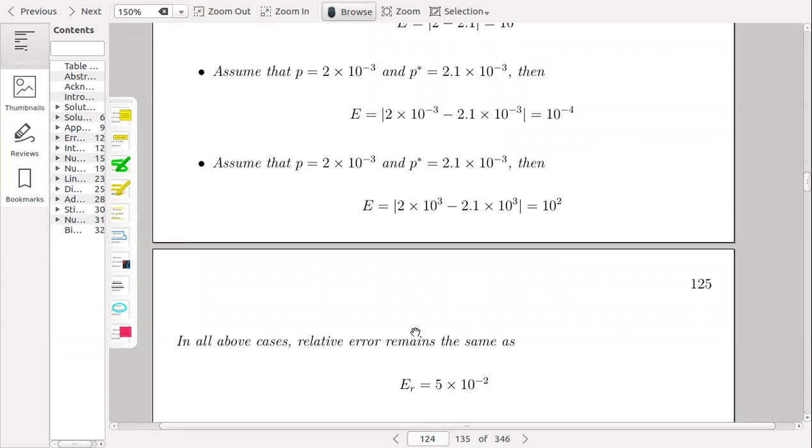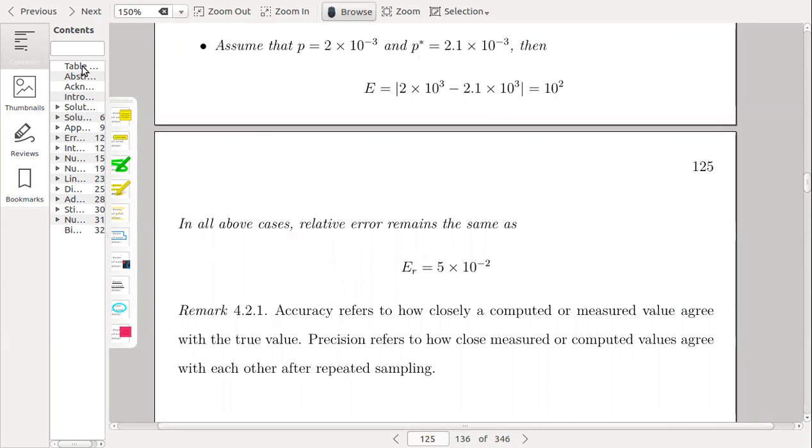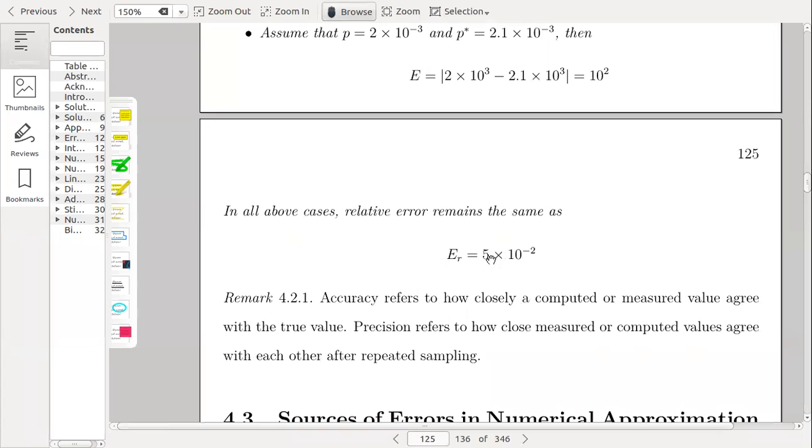And so if we calculate the relative error, the relative error is the same in all these cases.